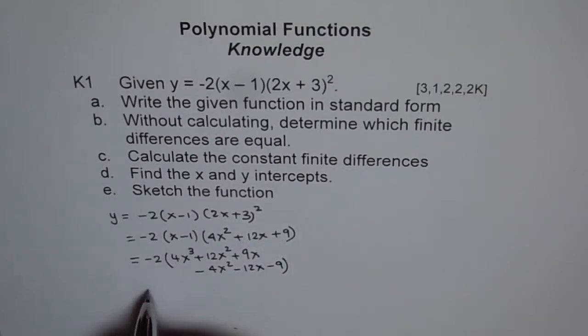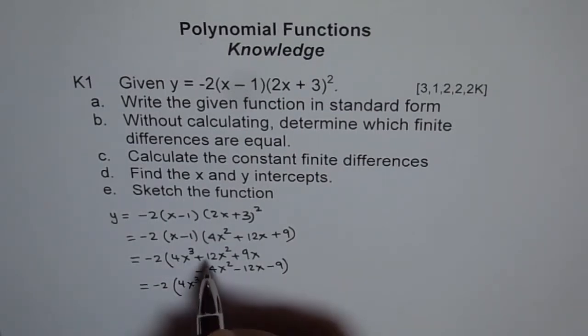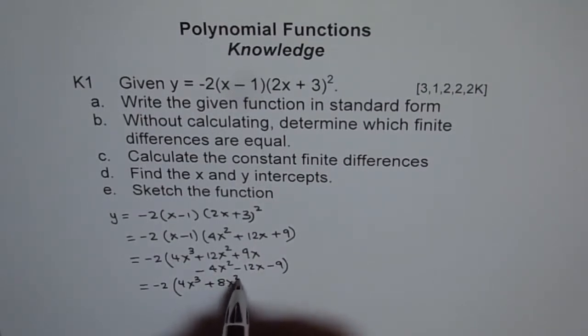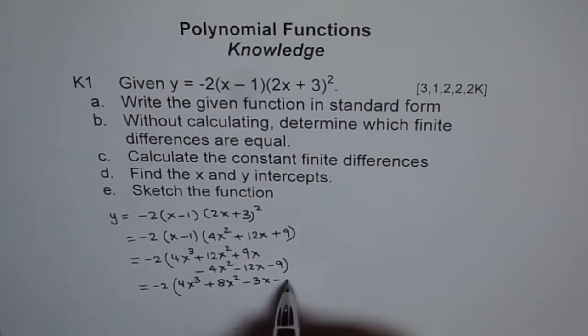Is it okay? Now we can combine the terms. So we get 4x cubed, 12 minus 4 is 8x squared, 9 minus 12 is minus 3x, minus 9. So that's what we get here.